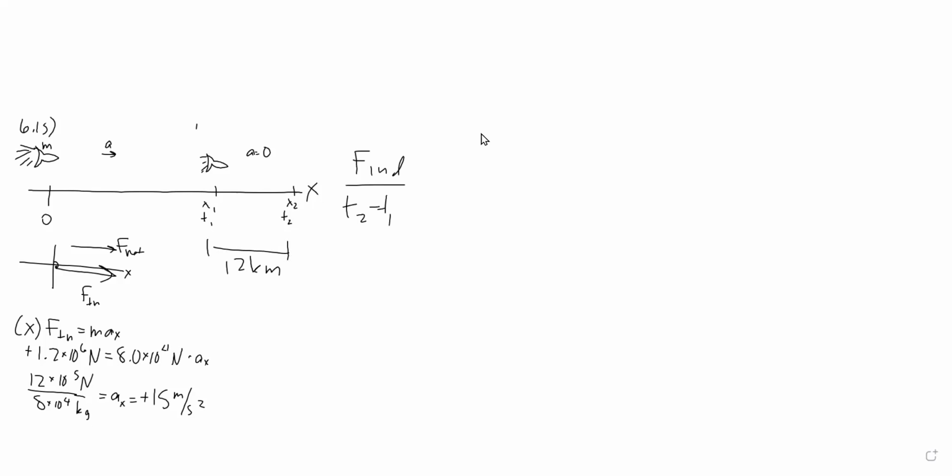But once the thrusters are fired, we're back to a uniform motion model. Zero total force, really no measurable forces. So T2 minus T1 would just be X2 minus X1 over that V. So 12 kilometers divided by V1.